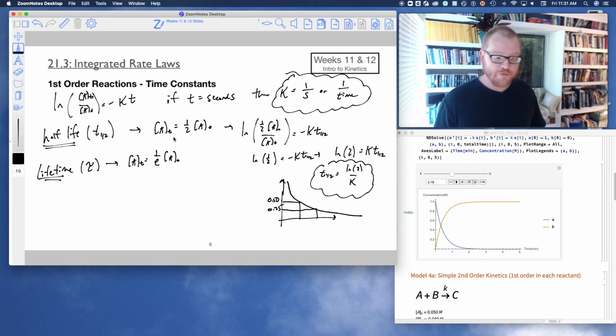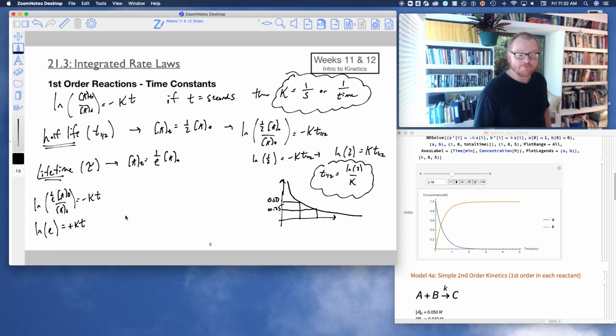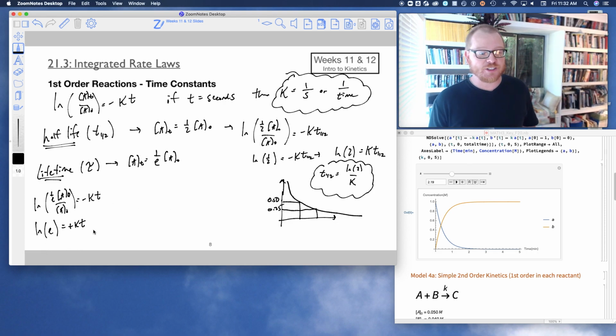Well, if I go back and do the same thing that I did here, if now I say the natural log of (1 over e of A0) divided by A0 equals negative kt, hopefully you can see what's going to happen here. This ends up becoming the natural log of e to the positive kt, all right?